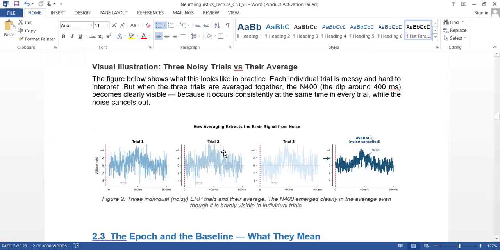You can see trial one, this is trial two, and it's always 400 ms. When we take the average, we learn that this is the N400, and the noise is cancelled out this way.